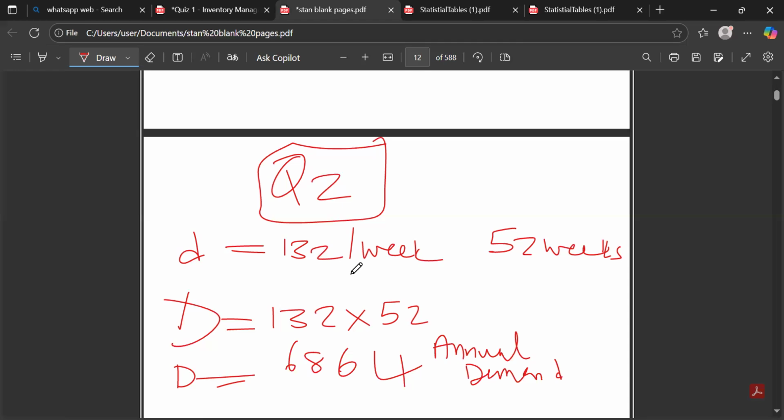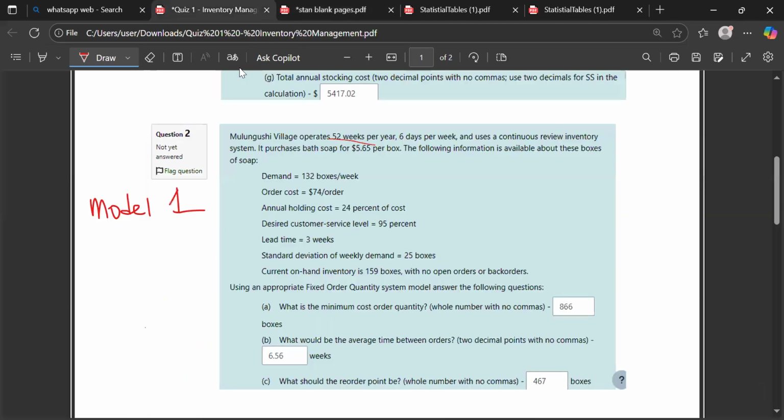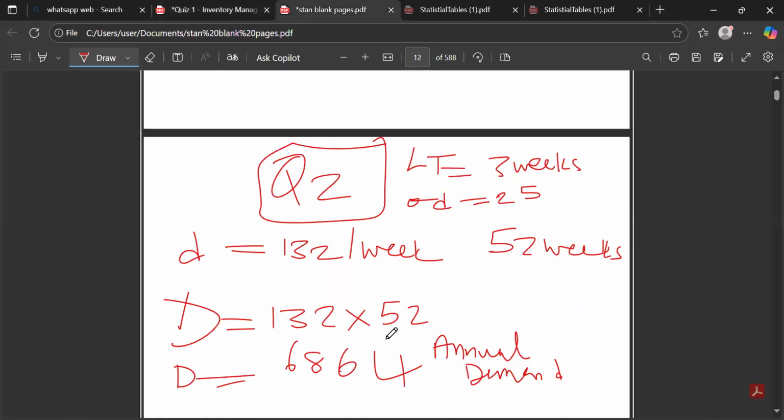We also have a lead time of 3 weeks, a standard deviation of demand of 25, and the unit cost is 5.65.